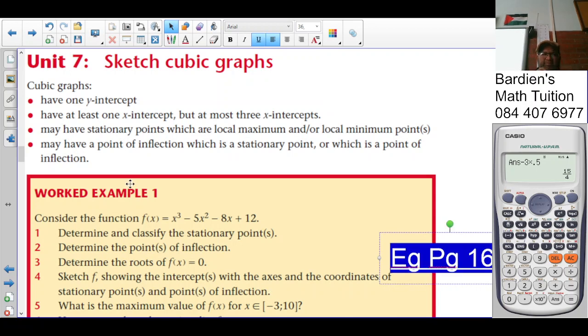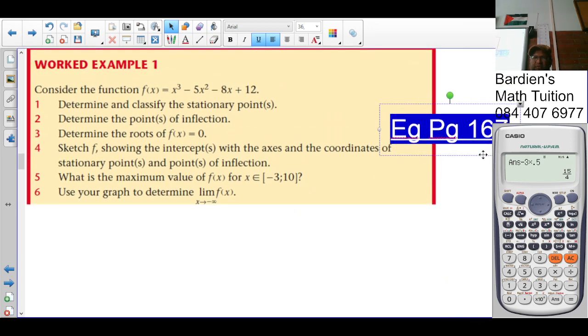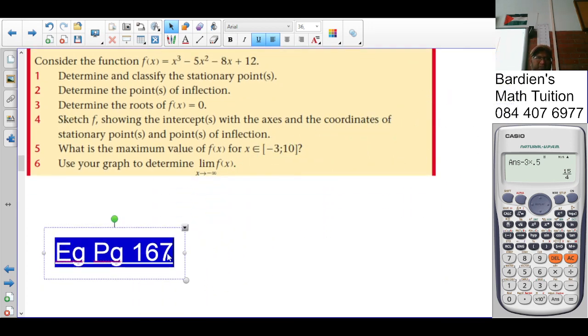Okay. So we're told that the cubic graph has one y-intercept, at least one x-intercept but at most 3 x-intercepts, may have stationary points with a local maximum and/or local minimum, may have a point of inflection, which is a stationary point. We spoke about turning points, points of inflection, all of those things already, not so?